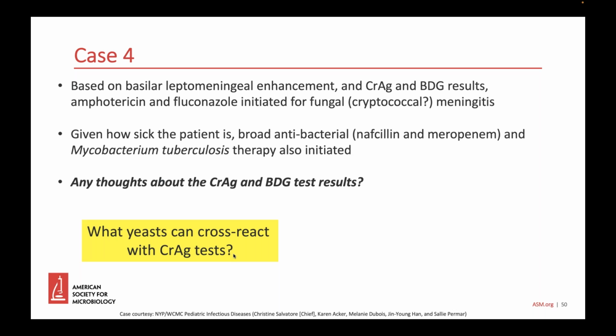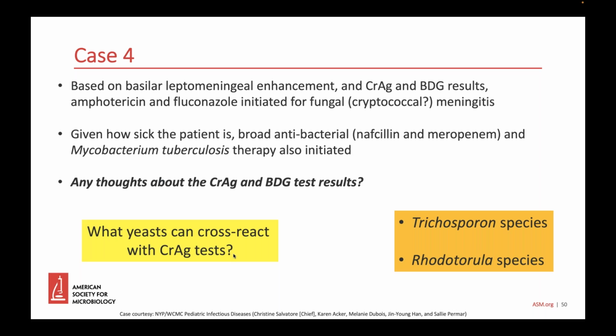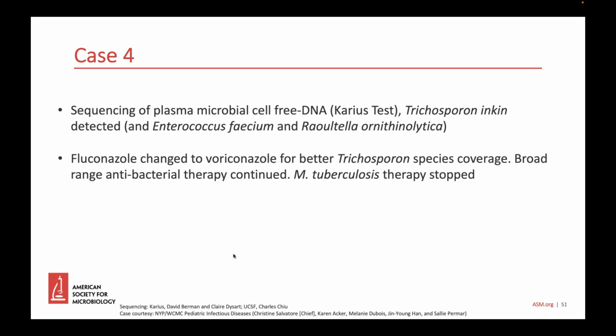Okay, all right. Well, Trichosporon species and Rhodotorula are notable yeasts that can cross-react with cryptococcal antigen tests. So what did we do? We were fortunate to be able to call upon a test that basically interrogates plasma for microbial cell-free DNA.